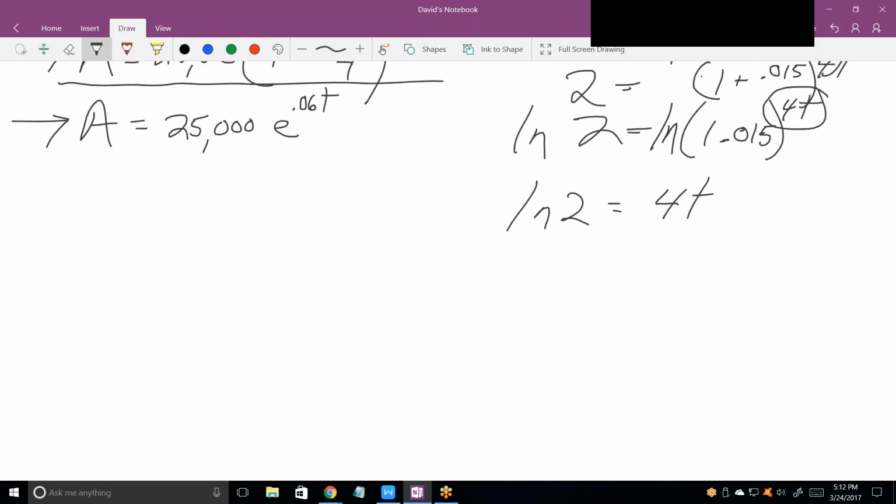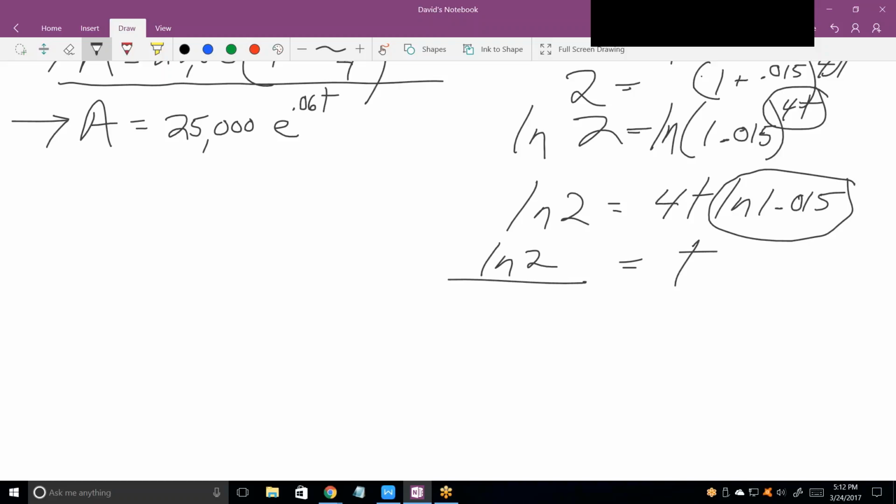That's the beauty of logs, it lets you take a number that's in the exponent and put it on the algebra line. And now you can probably see that t is going to solve to be natural log of 2, and that number is just precisely that. It's a number. That's all it is. You can get it out of your calculator.